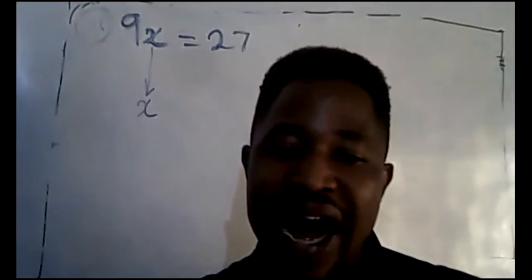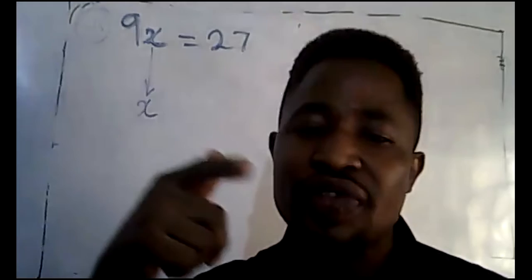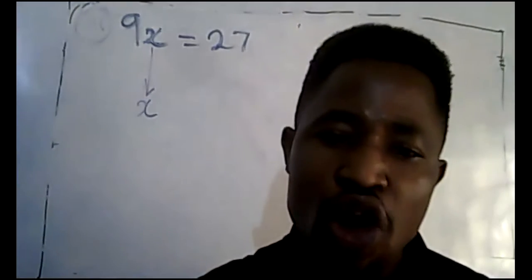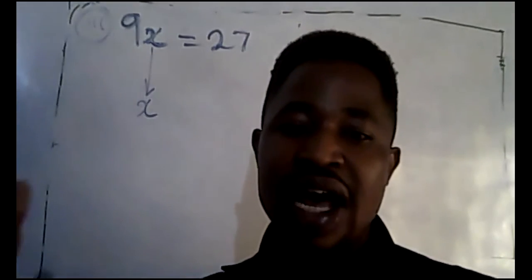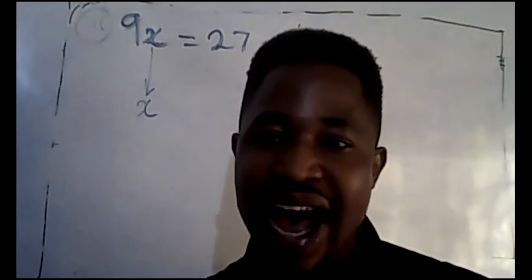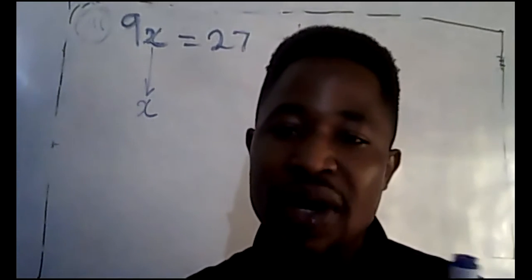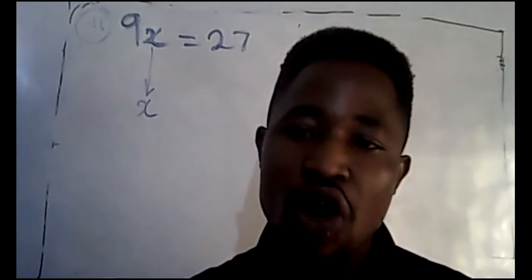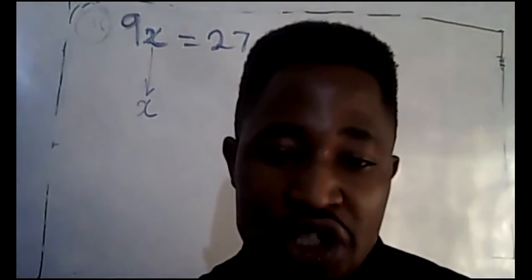In order to unbind or separate 9 and x, you have to do the reverse or the opposite of the sign that brought them together. I explain again. Multiplication brought x and 9 together. To separate them, do the reverse of multiplication, which is what? Division. The opposite of multiplication is division.